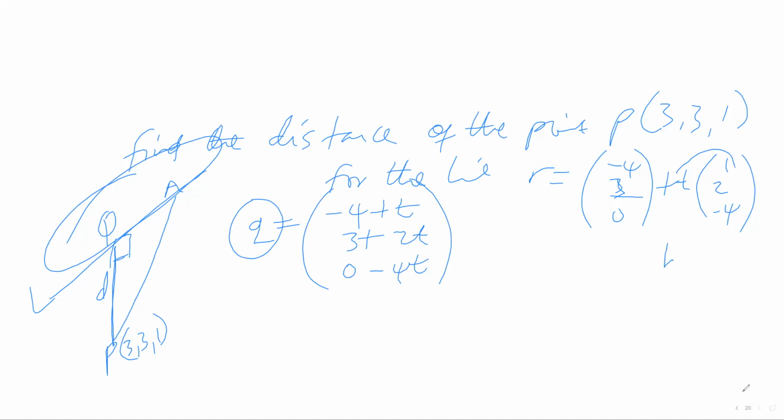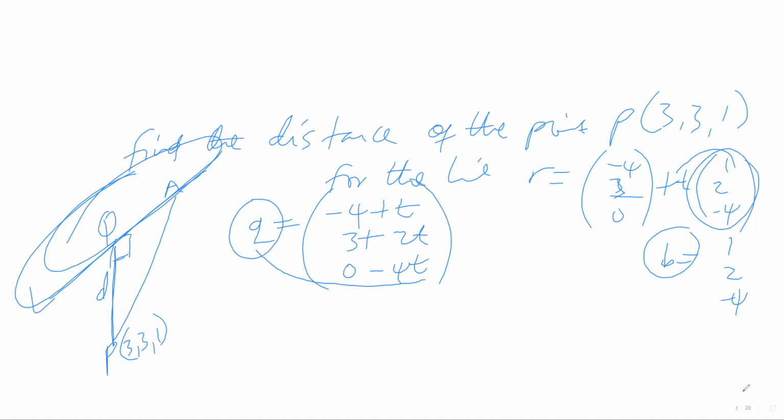Don't forget, guys, the direction vector here is 1, 2, negative 4. So we know that any point on this line L will have this position vector, and that's the direction vector there, 1, 2, negative 4.